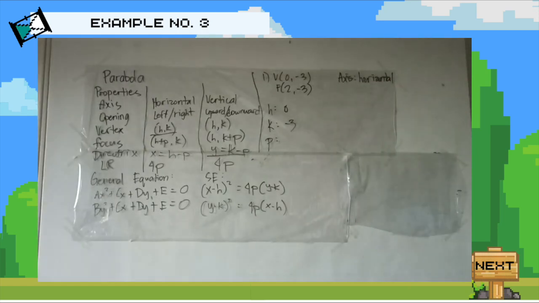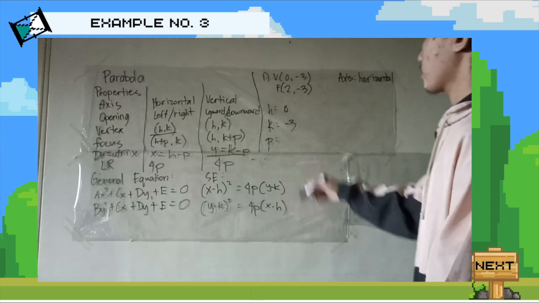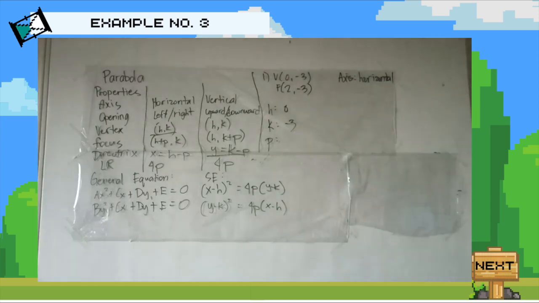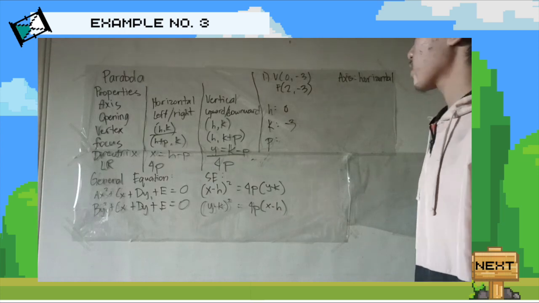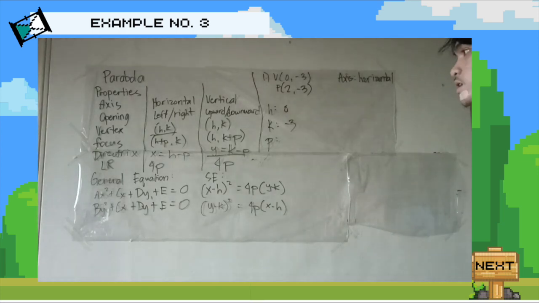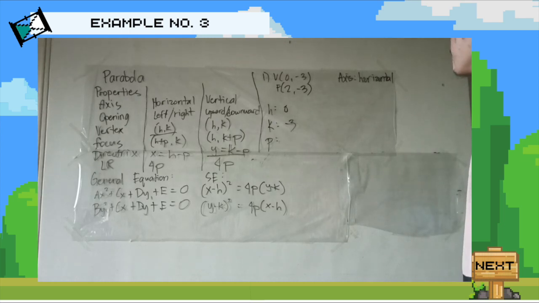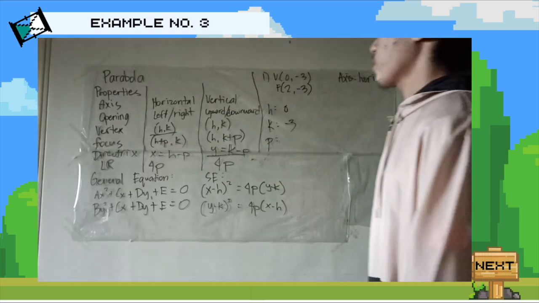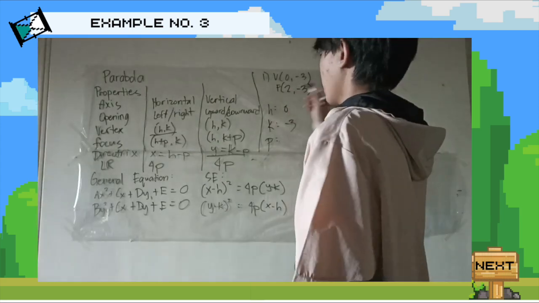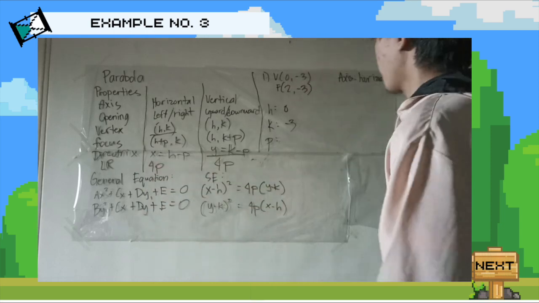So in this case, our axis is horizontal because our vertex is given. So we will just have to easily identify what is being added or unchanged. So now that we have the axis, we will have the formula on how we get the focus in horizontal. So that is h plus p comma k.